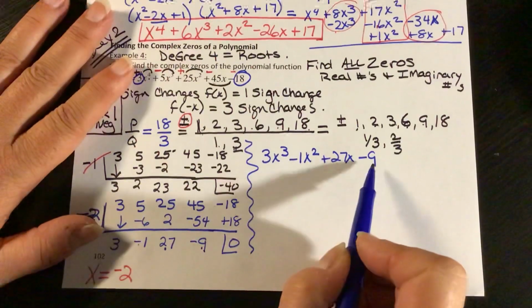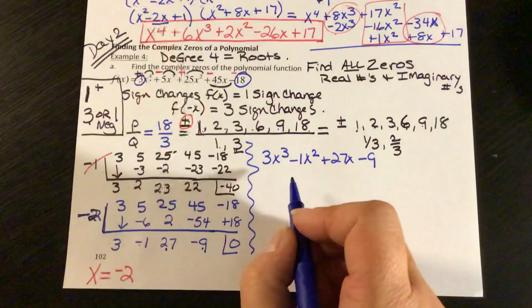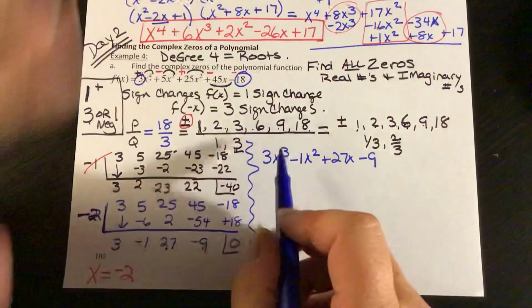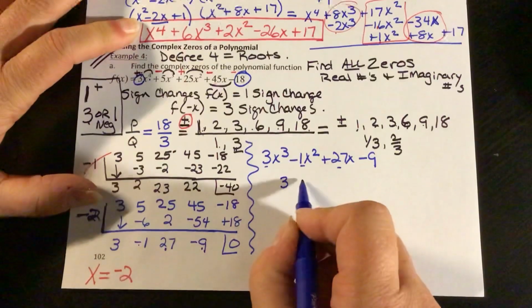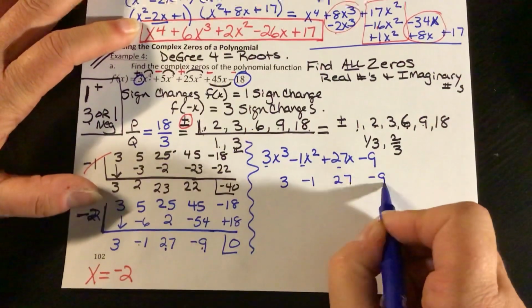So I'm going to try now another possible root. My coefficients are 3, -1, 27, and -9.